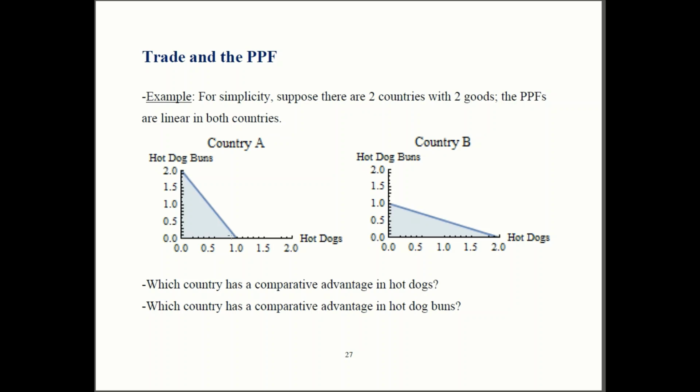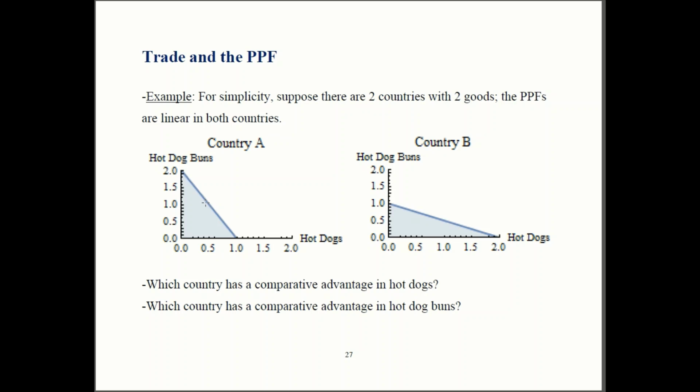So 0 buns means you have 1 hot dog over here, and 1 bun means you have 0.5 hot dogs. So going from 1 to 0.5 means you sacrificed half a hot dog. That's the story in country A.